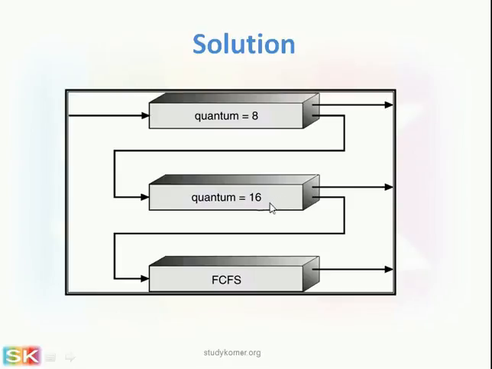Here it will be allowed to execute for 16 milliseconds, and then it will be submitted to Q2, in which it will be executed in FCFS manner, right? So this is how multi-level feedback queue works.